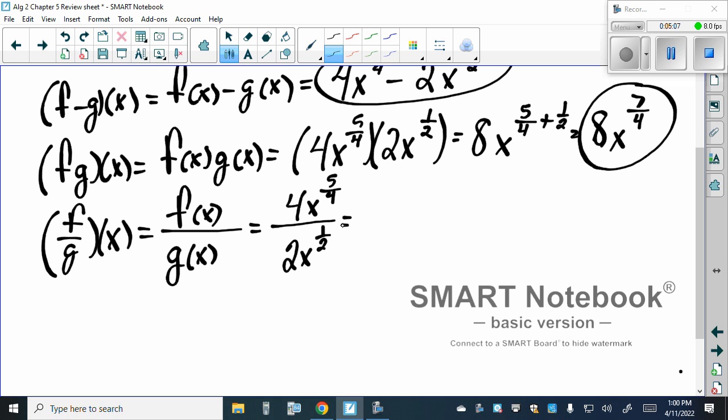And we're going to divide these here. Now the first thing we can do is 4 divided by 2, and 4 divided by 2 is 2. Now when we divide like bases, when we divide the x's, we're going to subtract the exponents. So we're going to have 5/4 minus 1/2.